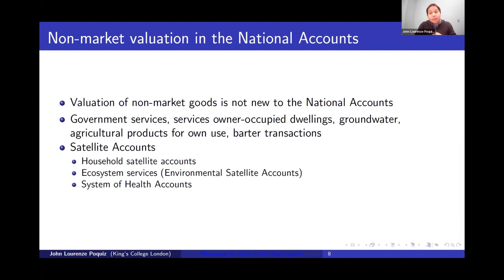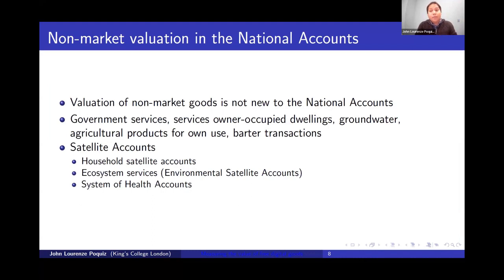So the national accounts doesn't necessarily say that we cannot include non-market goods and services in the core SNA framework. And even in the core SNA, we have some non-market output incorporated.